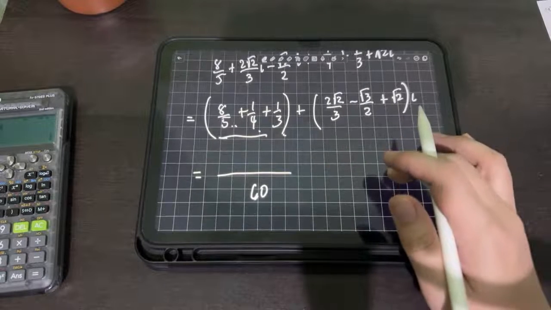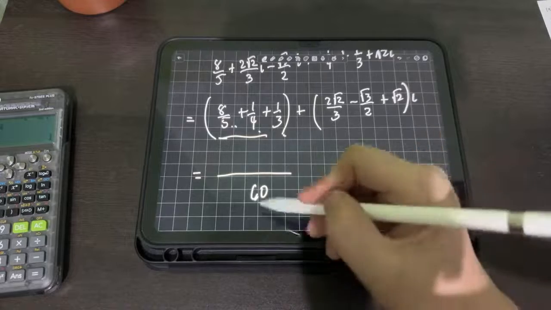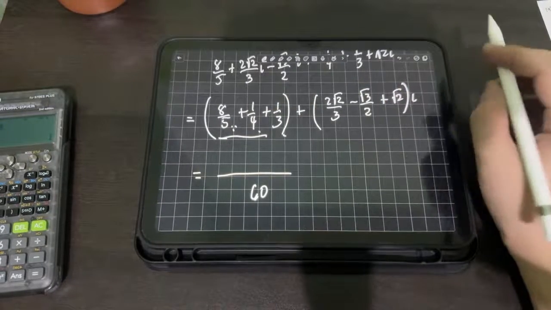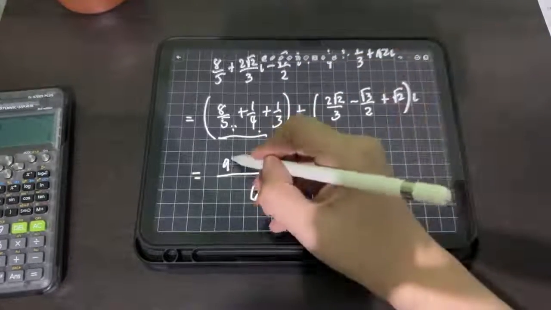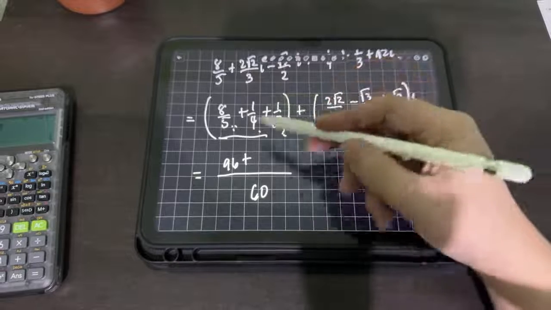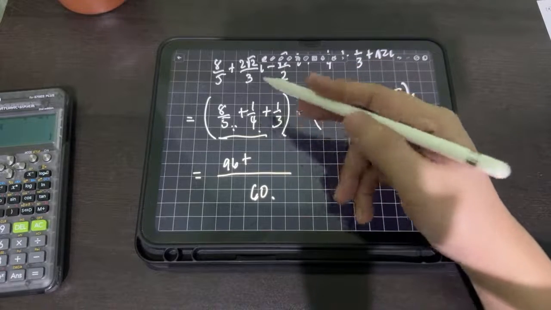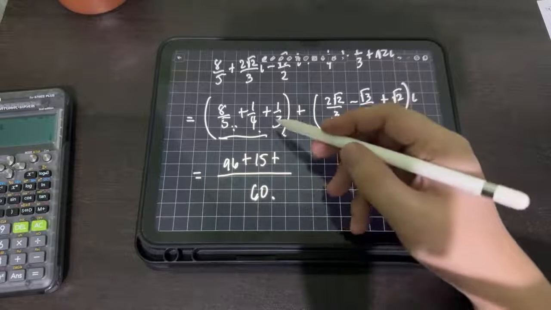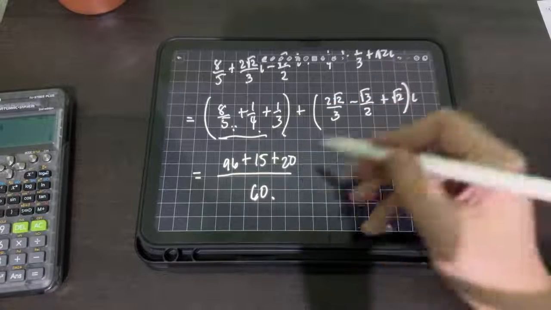Okay. So, let's divide. 60 divided by 5, that's 12 times 8, 96, plus 60 divided by 4, 15 times 1, 15, plus 60 divided by 3, 20 times 1, 20.